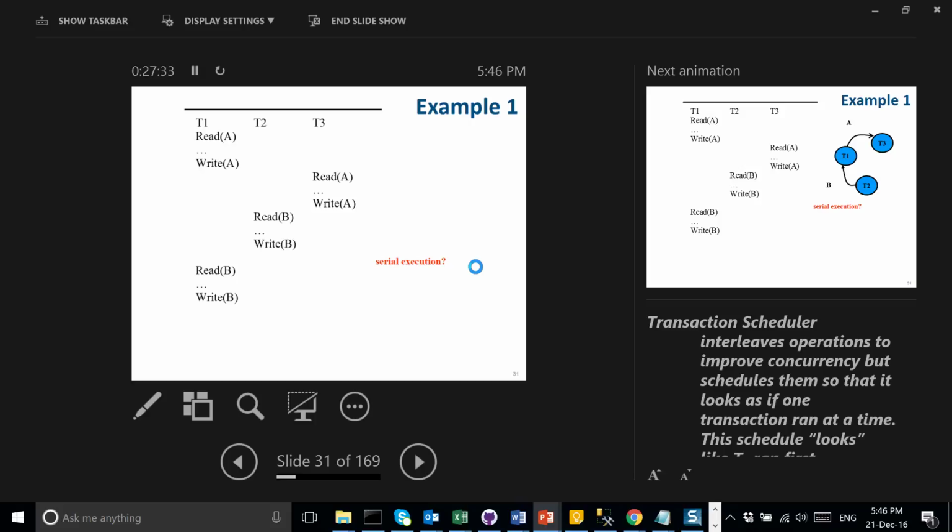The protocol says, before you read any data item, you must acquire a shared lock. Is that clear? Before you read any data item, what should you do? You should ask for a shared lock. Shared lock means I'm asking the concurrency controller, please give me the shared lock to enable me to read that particular item.